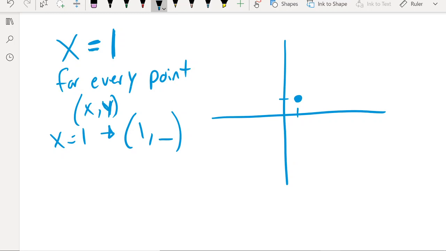There is no y. It's just x equals 1, so it's just 1 comma something. Now, what about 1 comma 2? That works as well, right? Yeah, it does. And you could keep going: 1 comma 3, 1 comma 4, 1 comma 5. But 2 points is all you need to make a line, right? So there you go. There's your line. And it's vertical because x equals 1. And the other thing I didn't mention earlier is if x is equal to 1, x is stuck, which means y can freely go up and down infinitely, making a vertical line.